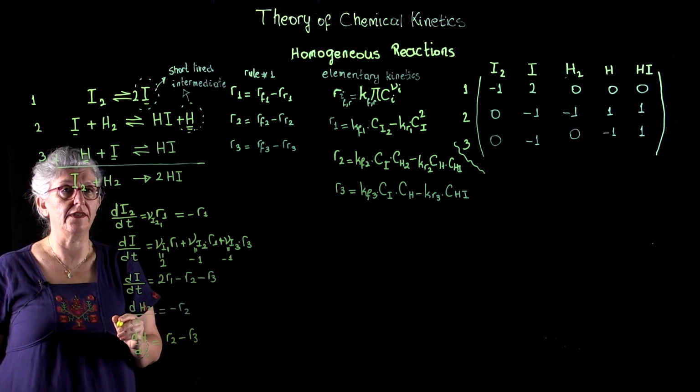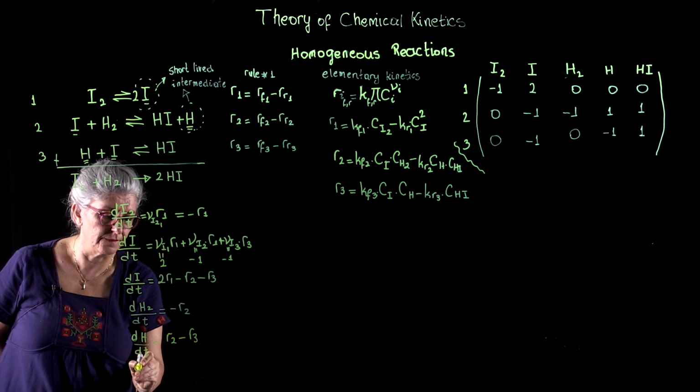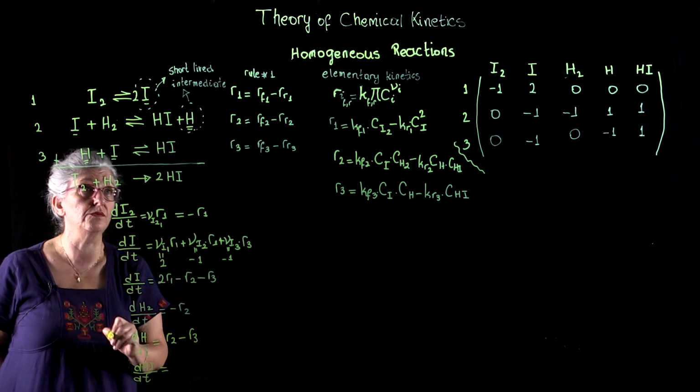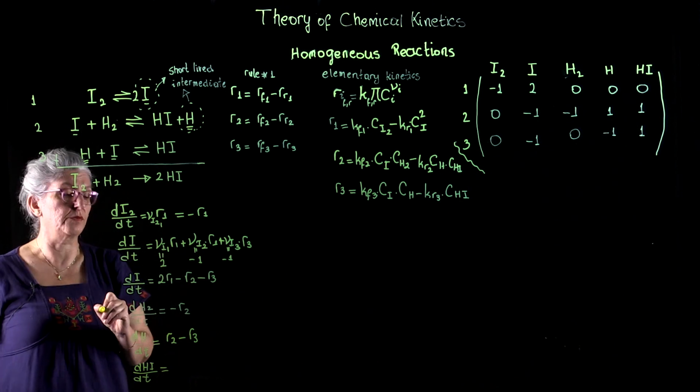And then finally, we have dHI over dt, which is equal to R2 plus R3.